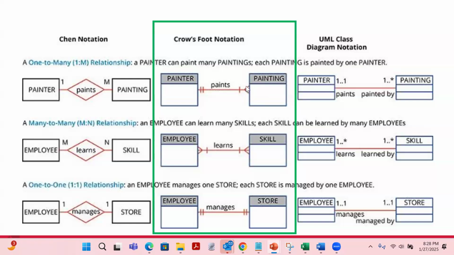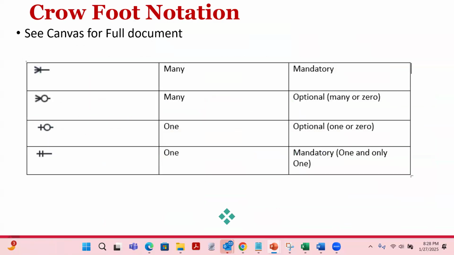So let's look at how to read crow's foot notation. There is a document in Canvas that explains in detail how to read crow's foot notation. Please look at this document and read it. It's called How to Read Crow's Foot Notation. There are four different types of relationship symbols represented here.